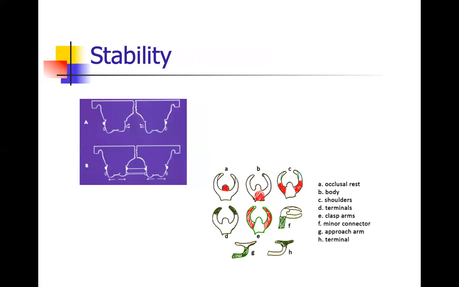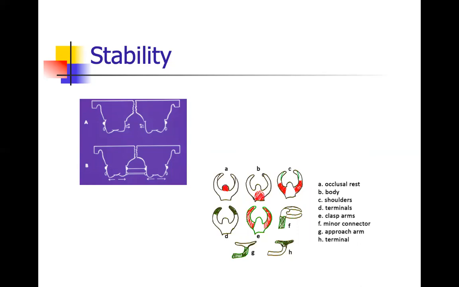Now I come to the second property of clasp, that is stability. Stability is the quality of a clasp assembly that resists displacement of prosthesis in a horizontal direction.